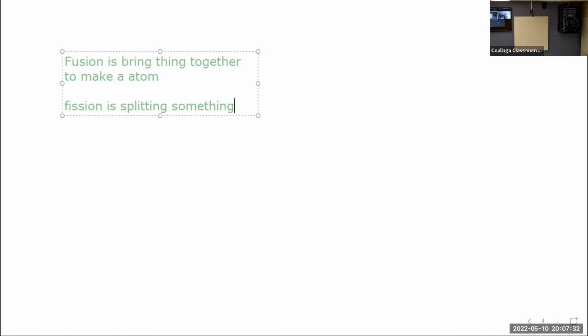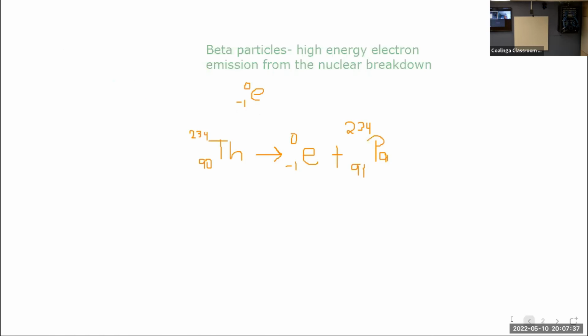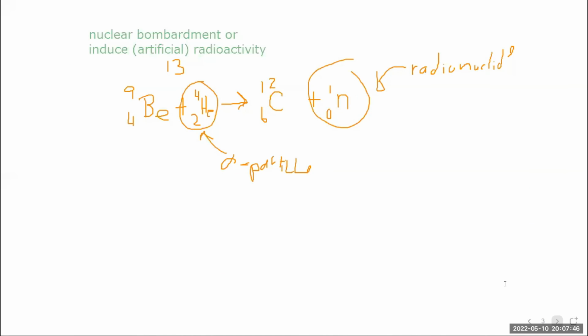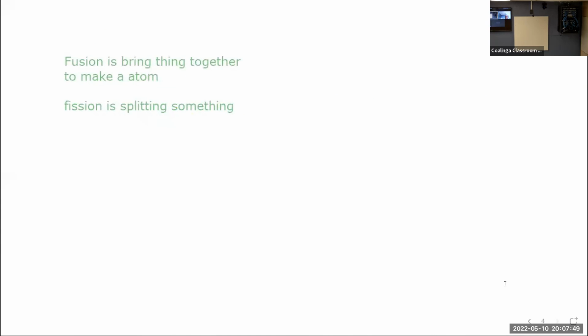Okay, so if we go back to those first reactions, is this fission or is this fusion? Can you go back to the other one? The fusion? This one? Yes. So there's fusion and fission.